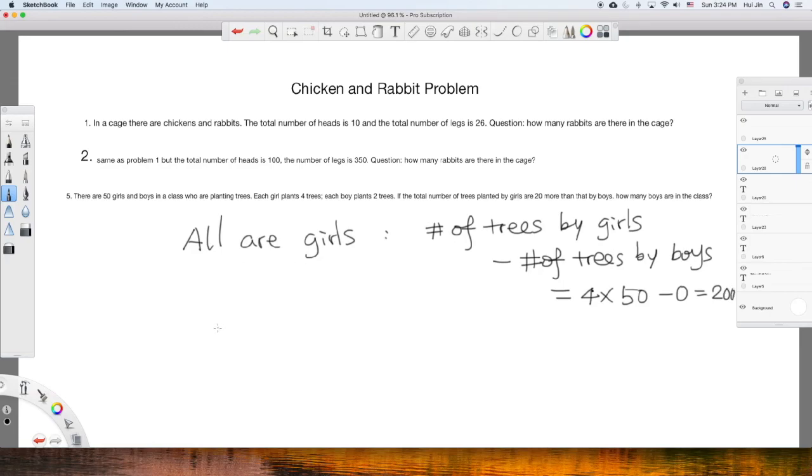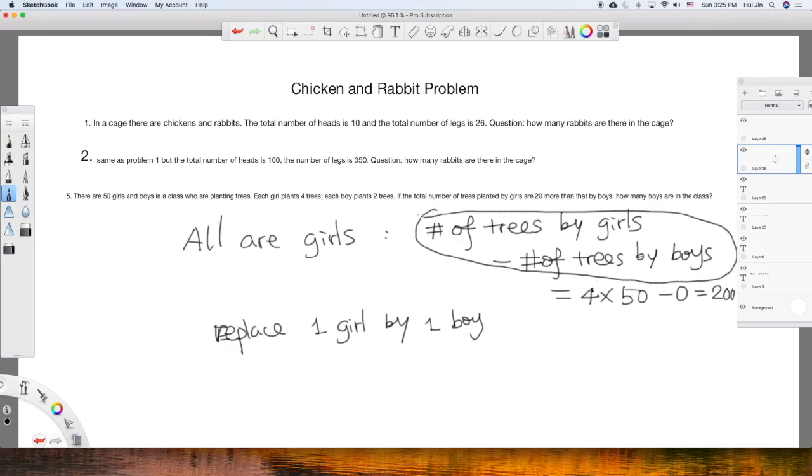And every time, if we replace one girl by one boy, what is the change in terms of the number of trees by girls and the number of trees by boys?